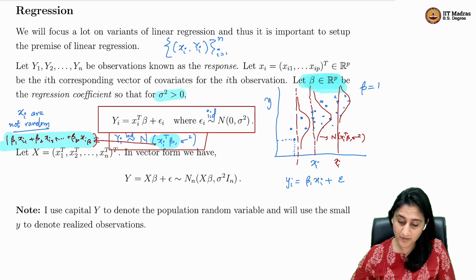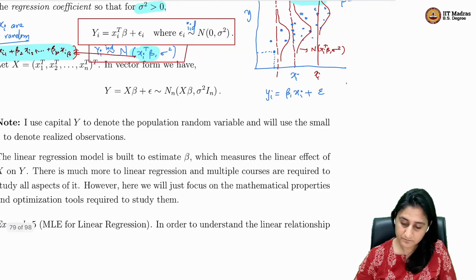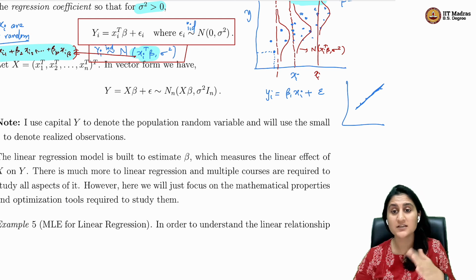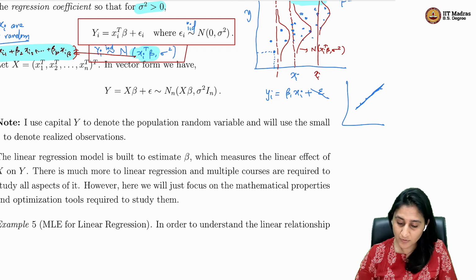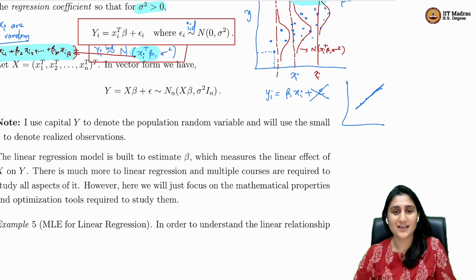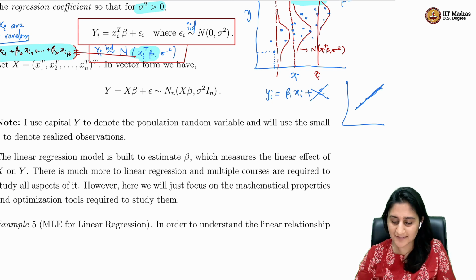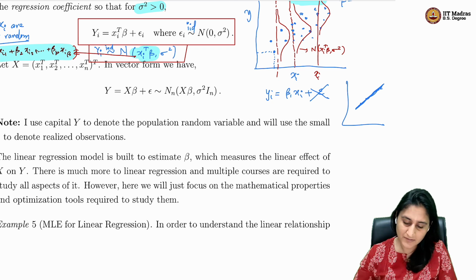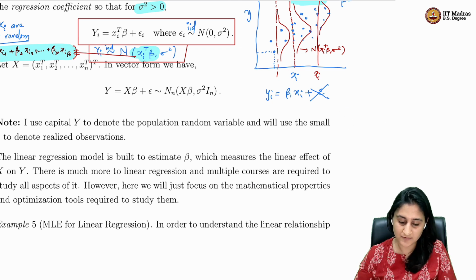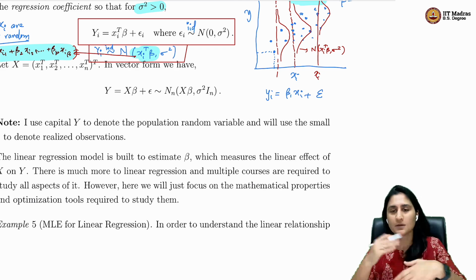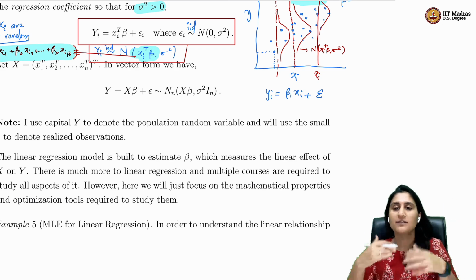If there is no epsilon, then my data is just going to be points on the line, because y is equal to beta 1 times xi, and given a value of xi, yi is exactly beta 1 times xi, so it has to be on the line. But that is not going to be the realistic situation of data, right? Which means that I want to add an actual error term that says, okay, sometimes I'm going to get values above it, sometimes I'm going to get values below it.